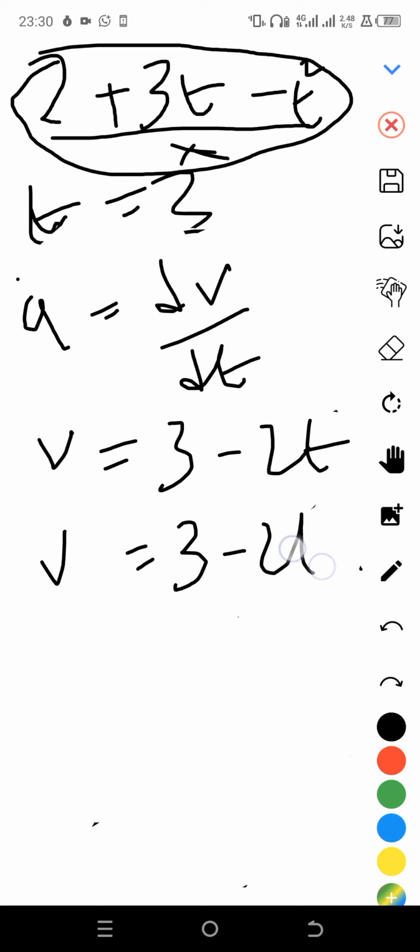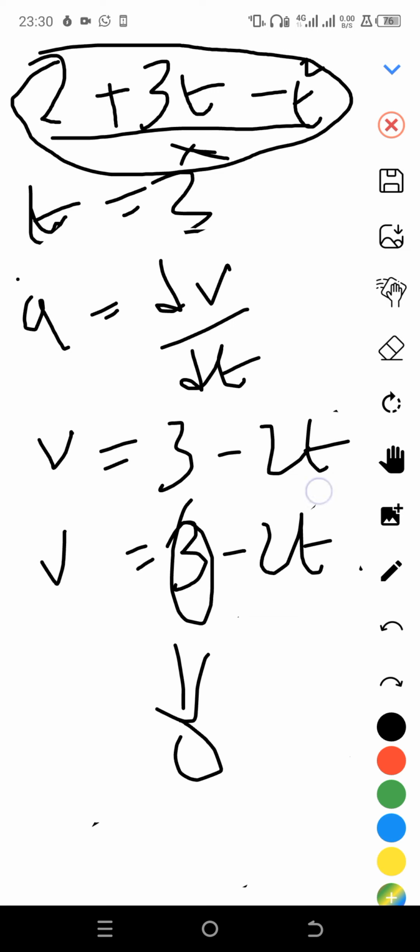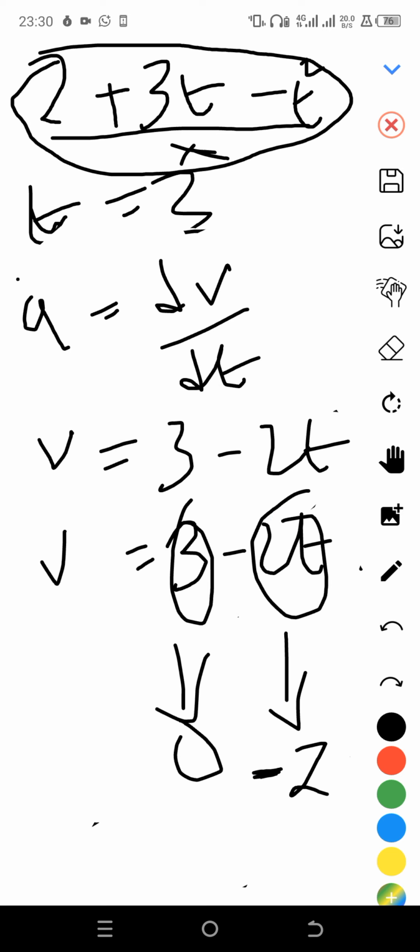Now you can take the derivative of this part first. We said the derivative of a constant is 0. After taking the derivative of this, which I already taught, you have negative 2, where the t will disappear. This is now after taking the derivative of velocity with time. So this is dv dt, which is equal to acceleration.